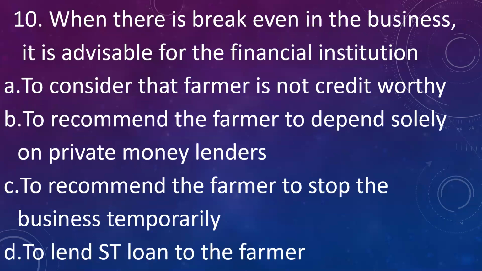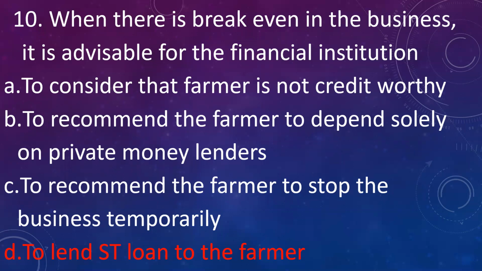Next question is, when there is break even in the business, it is advisable for financial institution A. to consider that farmer is not credit worthy, B. to recommend the farmer to depend solely on private money lenders, C. to recommend the farmers to stop the business temporarily, and D. to lend short-term loans to the farmer. So at the break-even point, financial institutes recommend to lend short-term loans to the farmers.